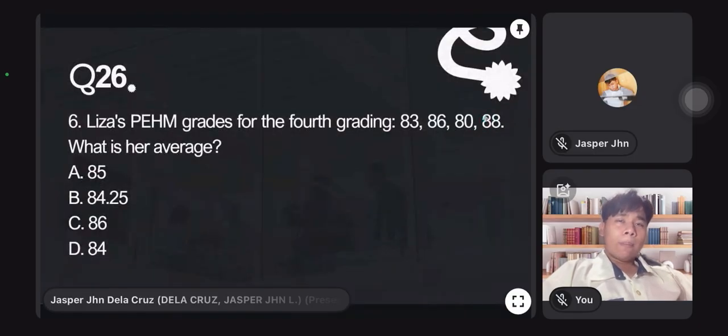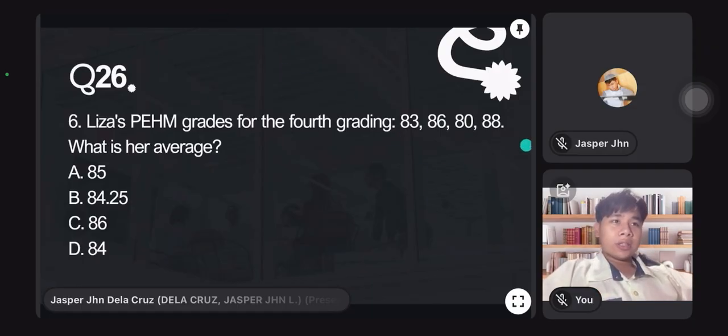Number 26. Liza's PEHM grades for the 4th grading are as follows: 83, 86, 80, and 88. So, what is her average? The choices are 85, 84.25, 86, and 84. So, how do we get this?